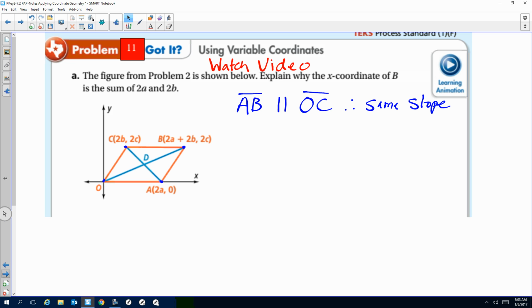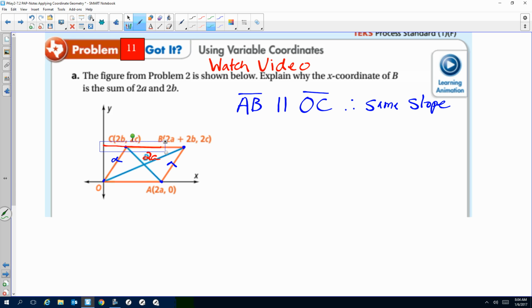Remember I was showing that opposite sides are parallel when we're dealing with parallelograms? Okay. So if I want to show, and we kind of just did it on number 10, explain why the x-coordinate of B is the sum of 2A and B. Well, basically what you have to state is that our distance from A is 2A. And we know that distance is the same because opposite sides are congruent in a parallelogram. Okay. But right now we know that that distance is the same here.